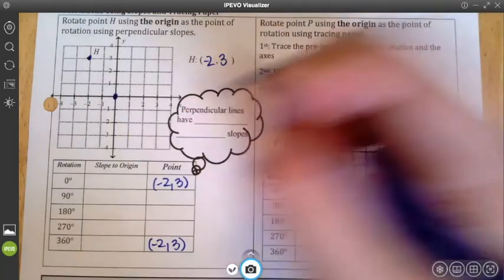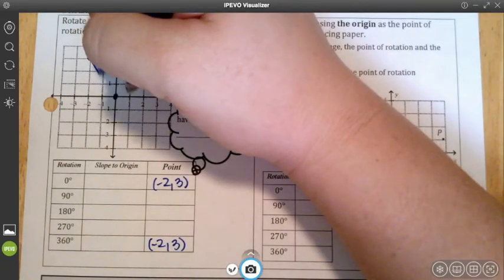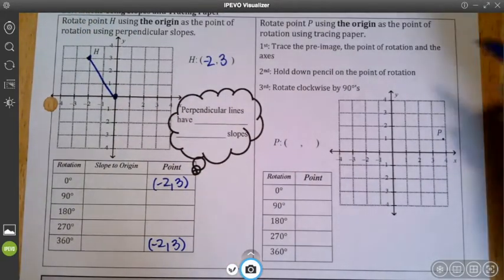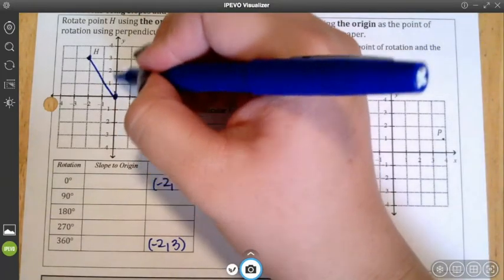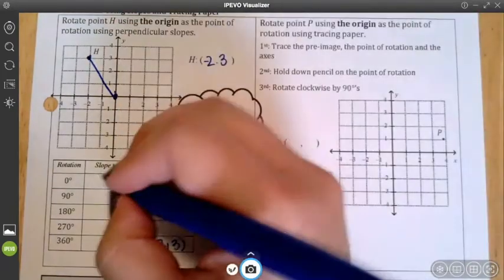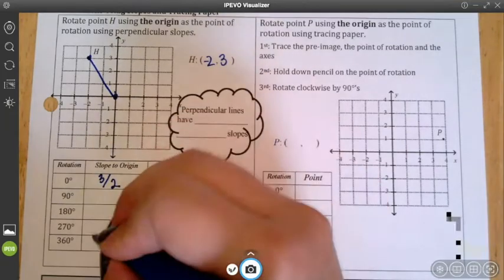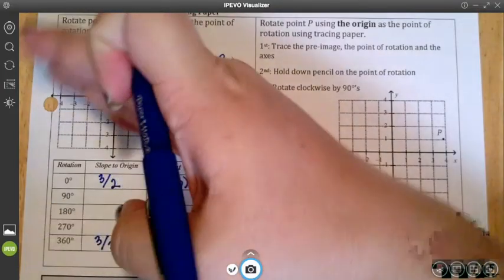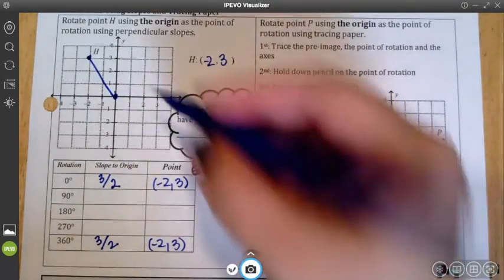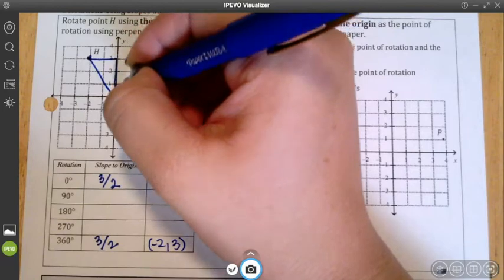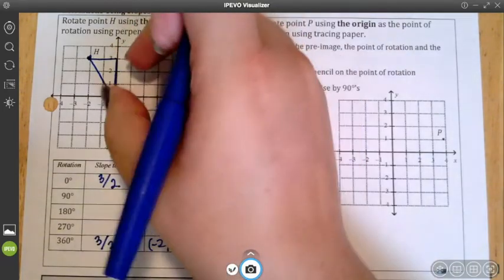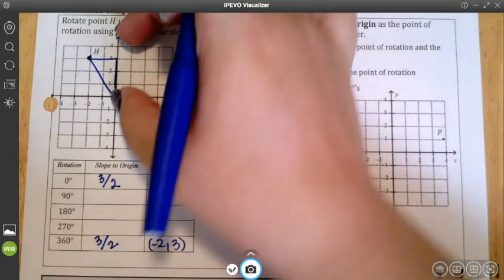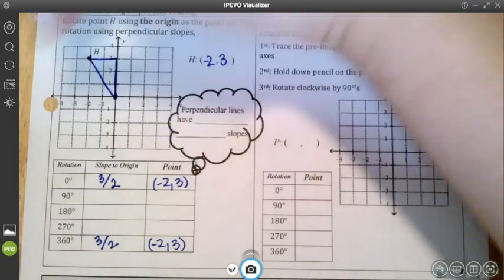Now, if I look at the slope to the origin, so make a line to the origin, what is that slope? Well, slope is rise over run, so that'd be 3 over 2. If I rotate by 90 degrees, imagine rotating it by 90 degrees. This triangle here, that's on the y-axis, now rotates one axis over.